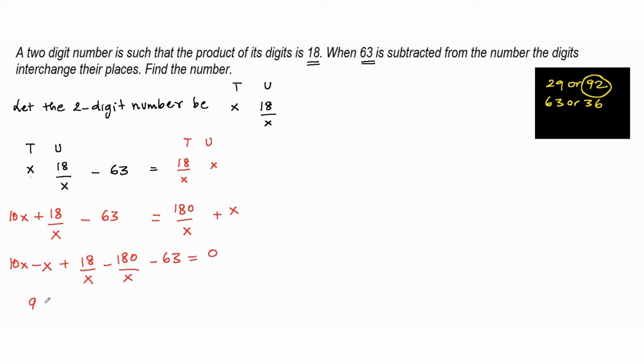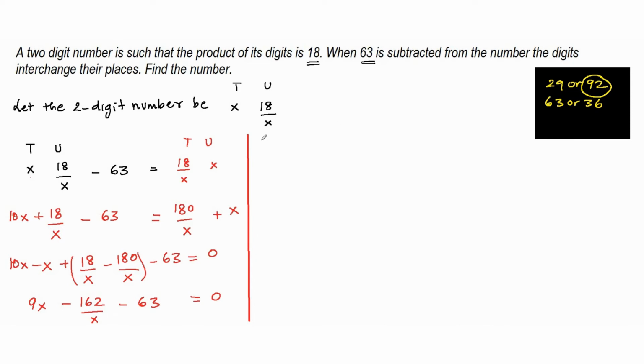10x minus x is 9x and the LCM here is x. For these two terms the LCM is x. 18 minus 180 is minus 162 upon x minus 63 is equal to 0. And therefore you can now find the LCM.